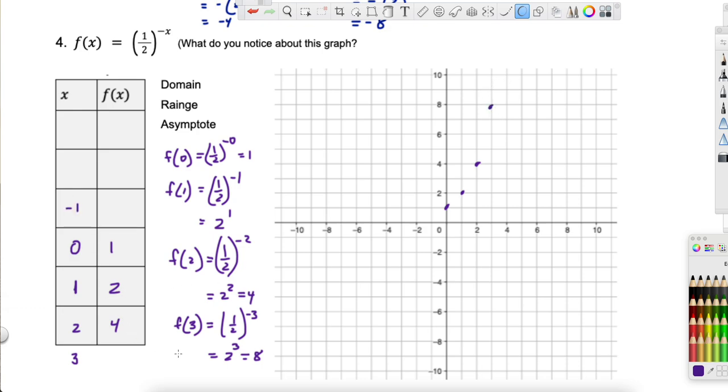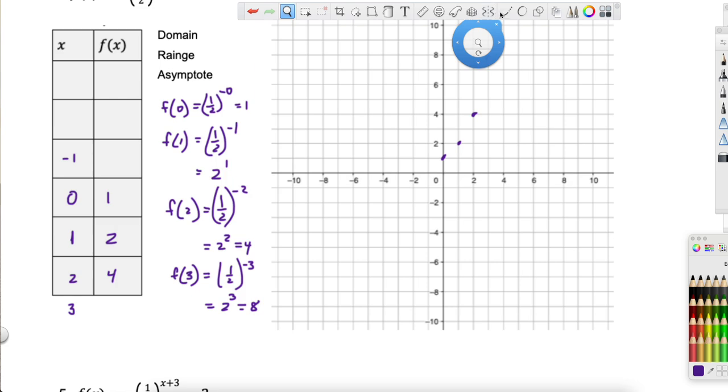Okay, negative 1 is going to be 1/2 to the negative of a negative 1. So a negative of a negative 1 is just positive, so this is just going to be 1/2.